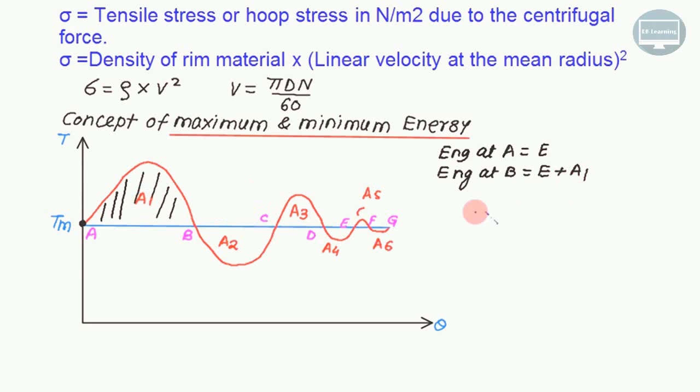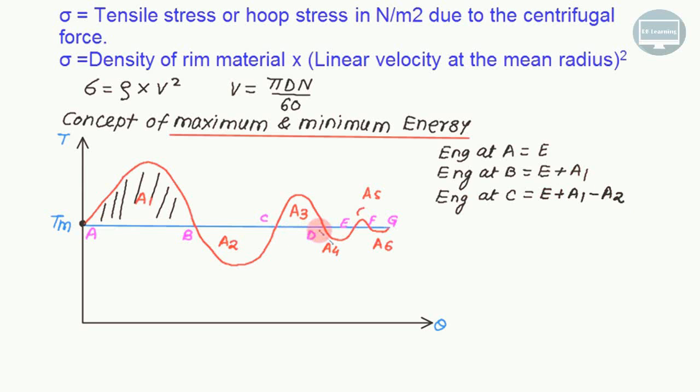If you move from B to C, can we find the energy at C with respect to B? At B we found the energy with respect to A, so we continue this series. The energy at C equals the energy at B, which is E plus A1, but this area is negative, so minus A2.